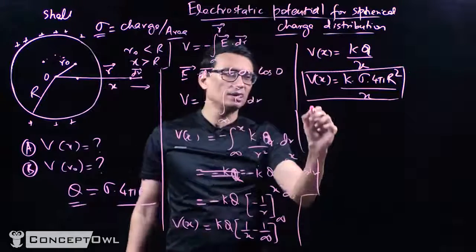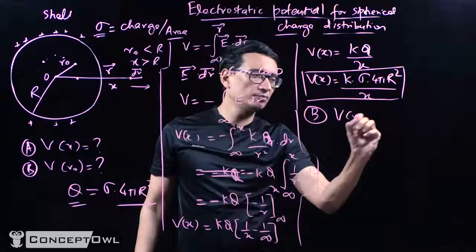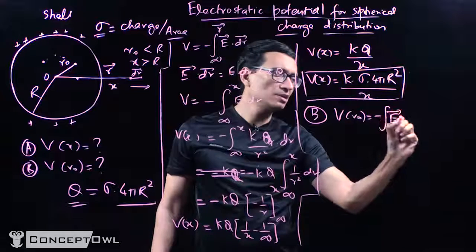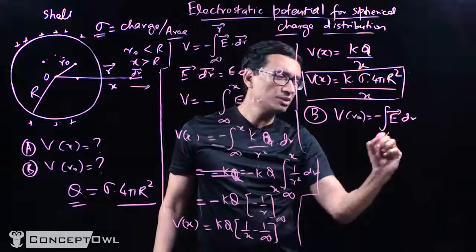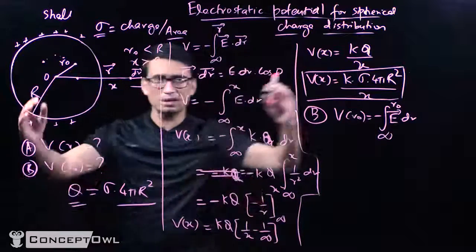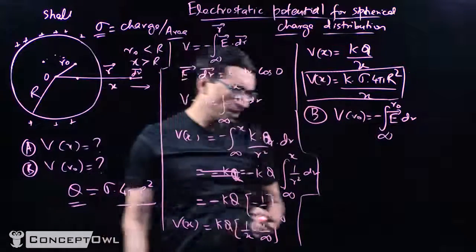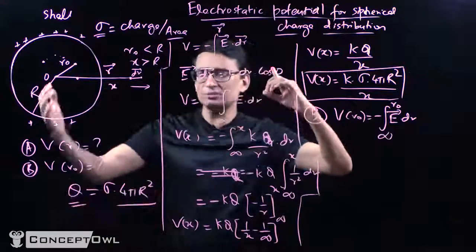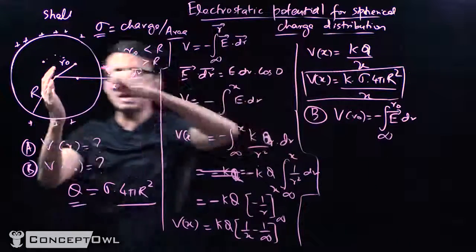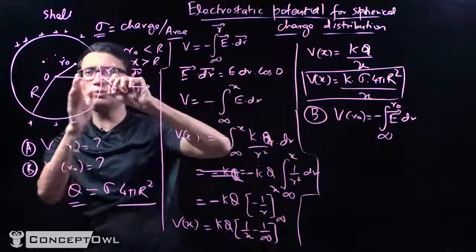So here, this is my case B, V at R0 would be equal to minus integral E dot dr, where now this is from infinity to R0. So now I'm saying the work done from infinity to R0. Now what would this be? I can break this integral down in two parts. One is from infinity to capital R, remember this capital R, and then capital R to R0.